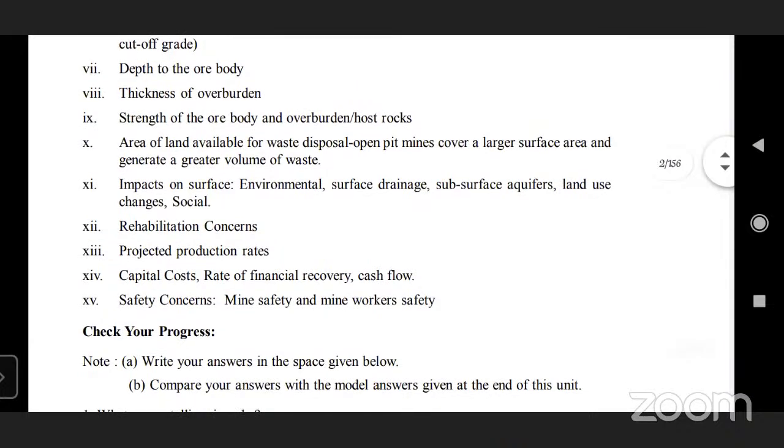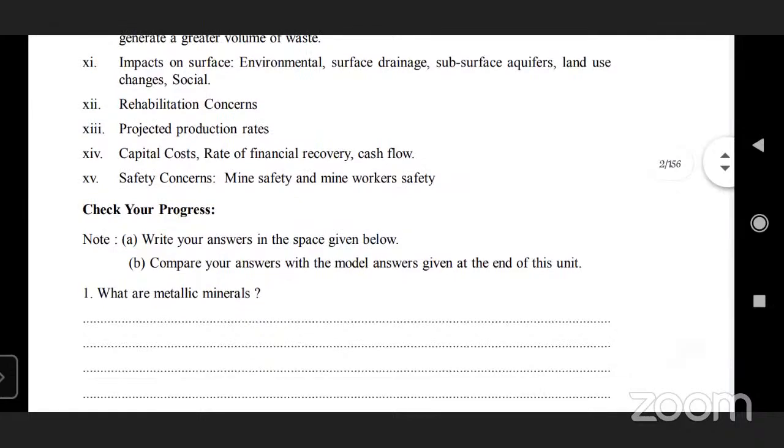So these are the major factors which are going to affect the mining method that needs to be opted for.